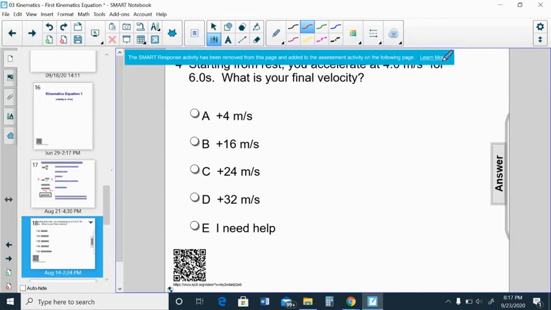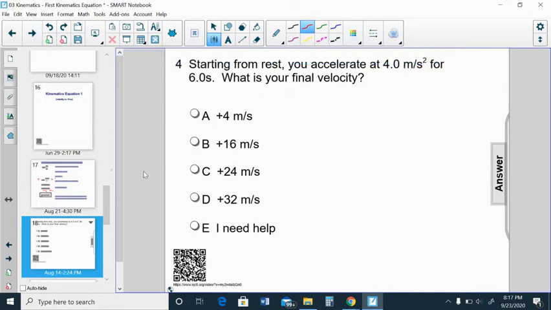Let's try this out with a couple questions. Starting from rest, you accelerate at 4 meters per second squared for 6 seconds. What is your final velocity?